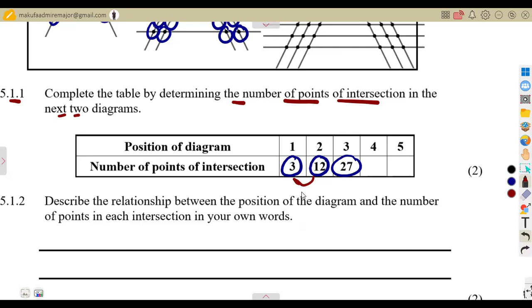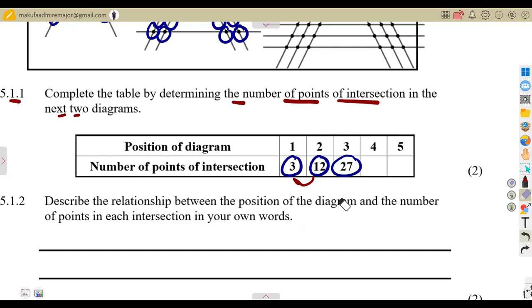There is a difference of 9. 27 minus 12, there is a difference of 15, which does not make sense to our normal differences because we are supposed to have something which is common, like the same difference throughout. But in this case, this is not what is happening.